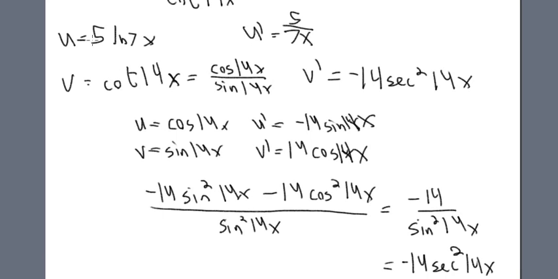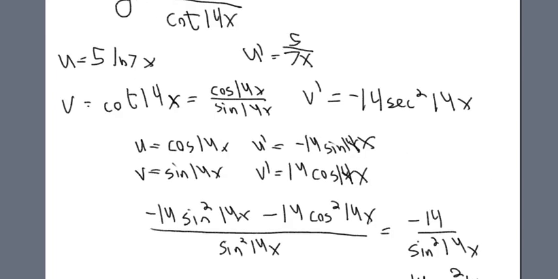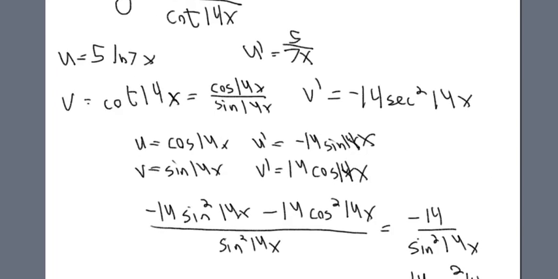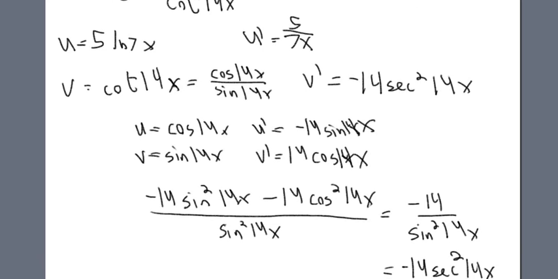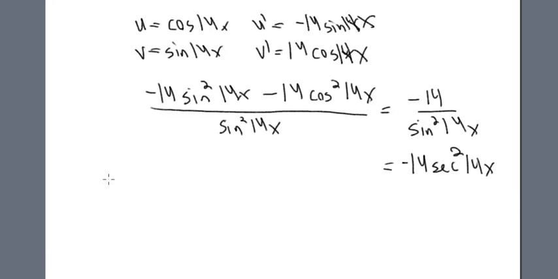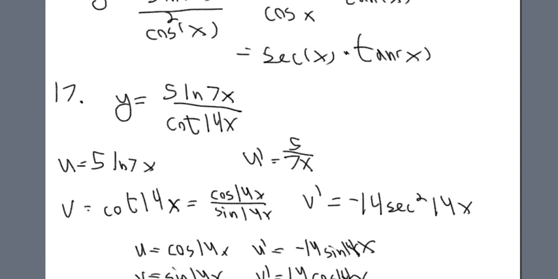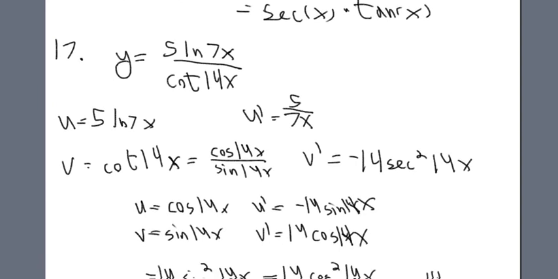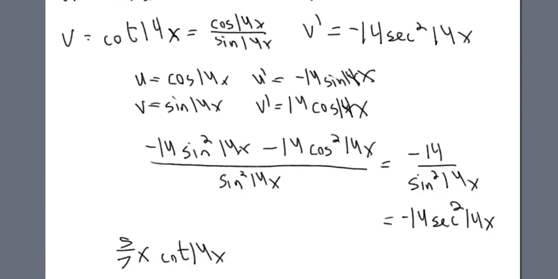Now I can do my quotient rule of this. So I'm going to find some room down here. So u prime v, 5 over 7x cotangent 14x, so 5 over 7x cotangent 14x minus uv prime. Minus minus can be positive. 5 times 14 is 70.